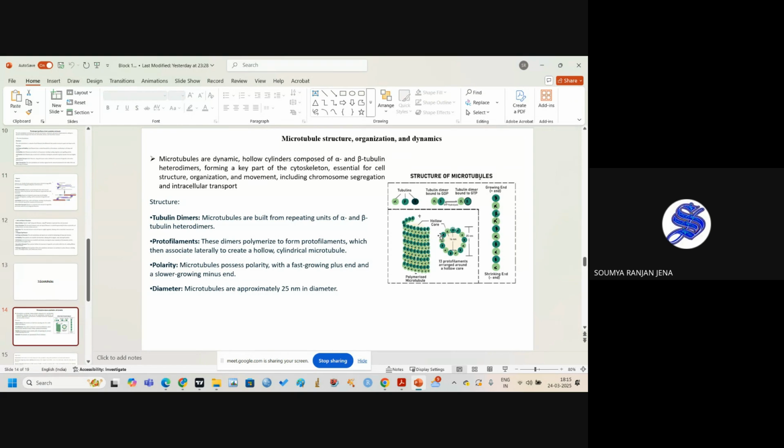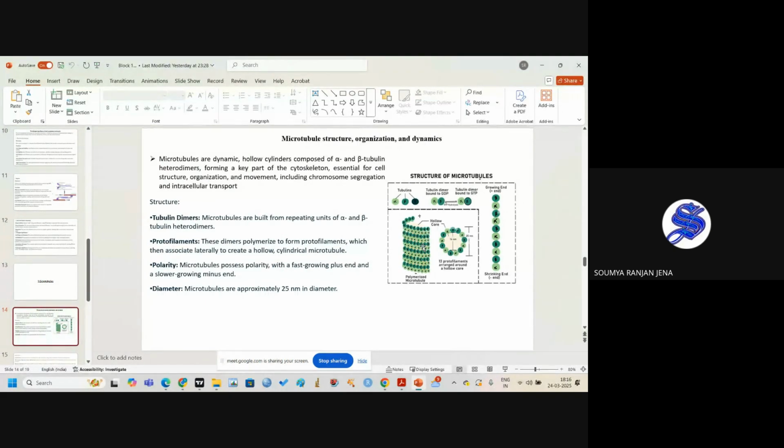and these are essential for cell structure, organization, and movement, including chromosome segregation during mitosis and meiosis. These microtubules help in chromosome segregation and intracellular transport.